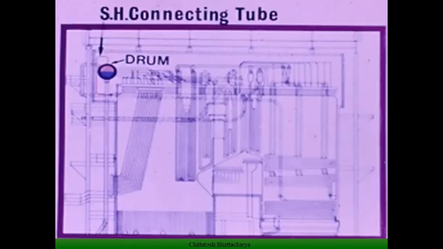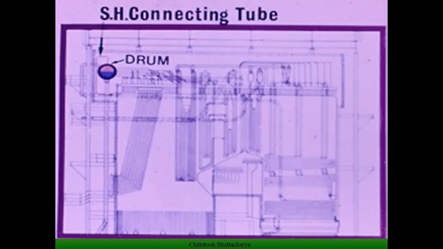In this diagram we are showing the connection of the drum with the superheating tubing. As shown, from the top of the drum these superheated tubes come out and go towards the low temperature superheaters placed at the bottom of the second pass, where the low temperature superheating arrangement is there.